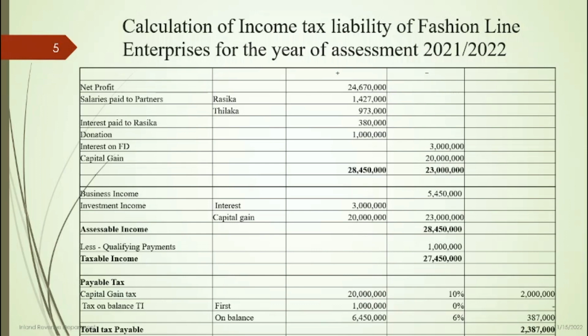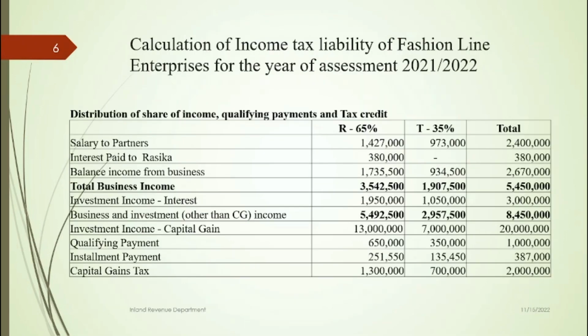After applying that 6% on the balance taxable income, that is 6,450,000, payable tax will be 387,000. Altogether, total payable tax will be 2,387,000. This is the allocation of income and expenditure and credits.